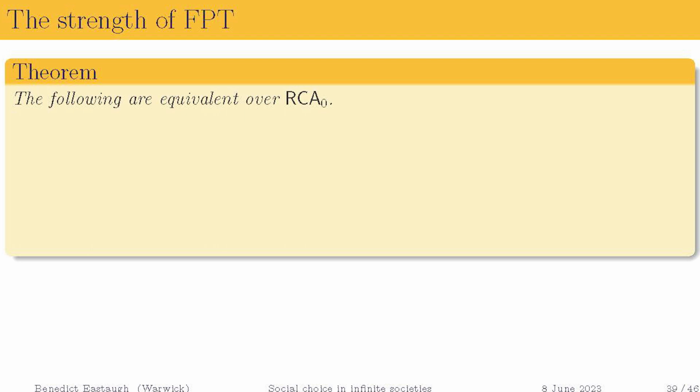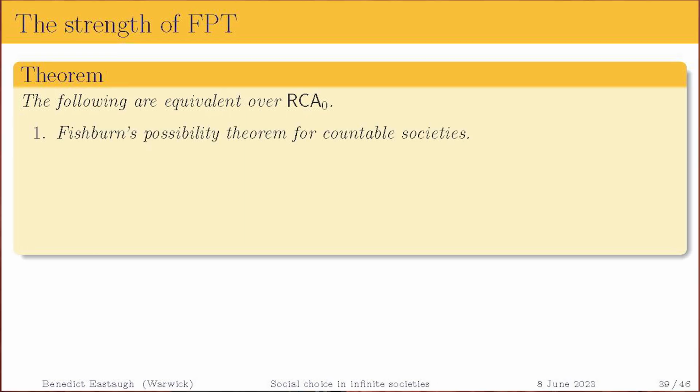So here's the result. The following statements are equivalent over RCA 0, and I'm going to give a number of them just for illustrative purposes. But only the first one and the last one are in some sense essential. So Fishburn's possibility theorem for countable societies is equivalent to all of the following.